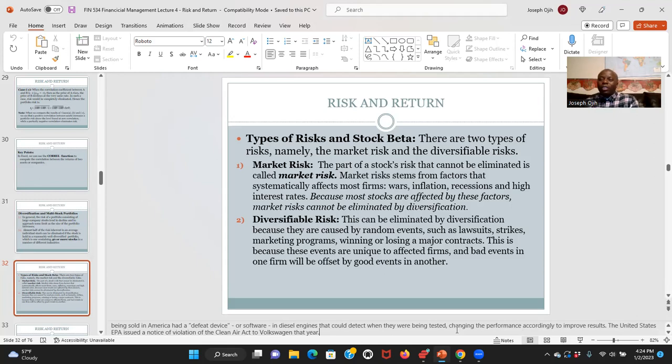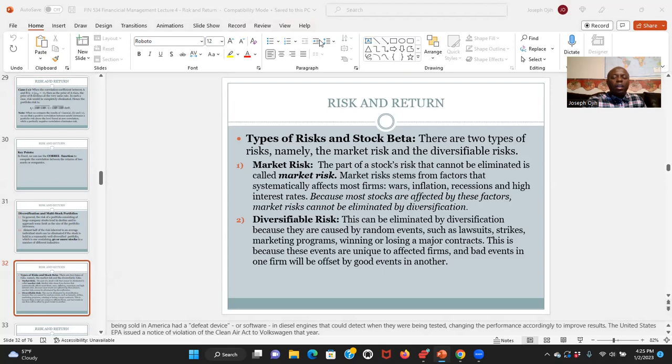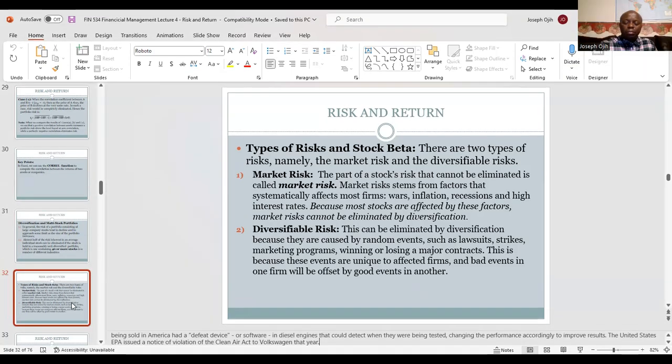Now you can see the difference between the two. Market risk affects the whole industry, or all the companies in a country. It cannot be diversified away. But diversifiable risk can be diversified away. Having said that, we can now move on to the next concept.